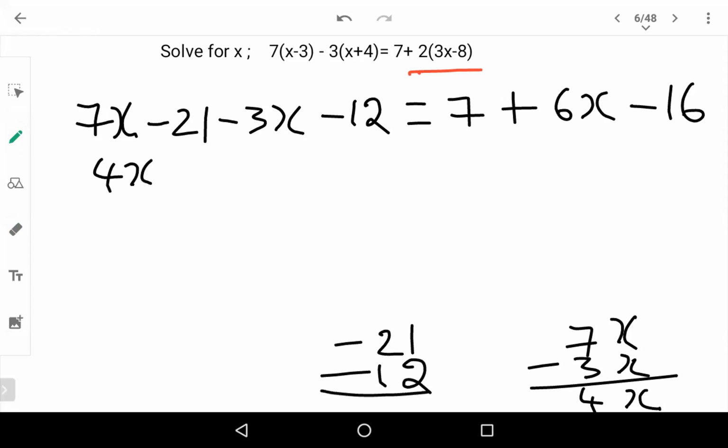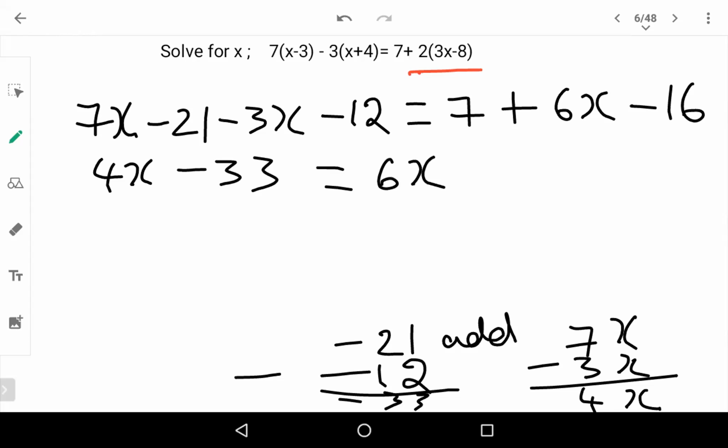I already told you, you have to add the numbers, but you have to keep the sign as same, that is minus. So you're going to get minus 33 is equal to, now on to the other side, you have 6x and we have two constants.